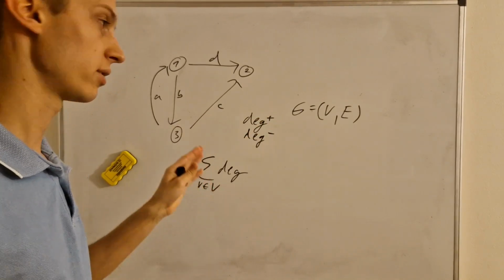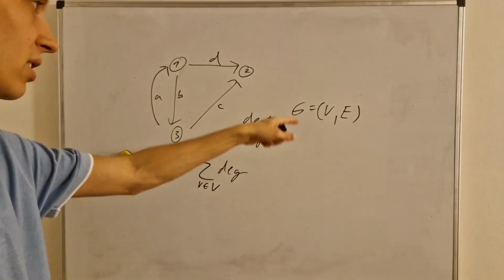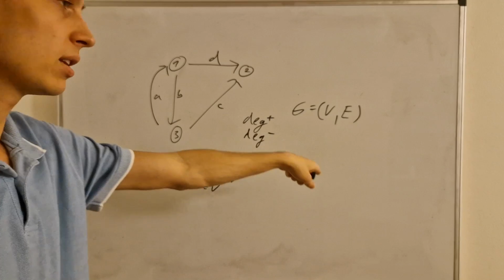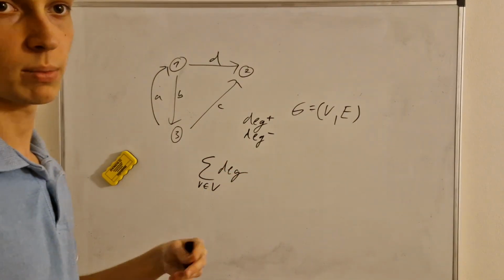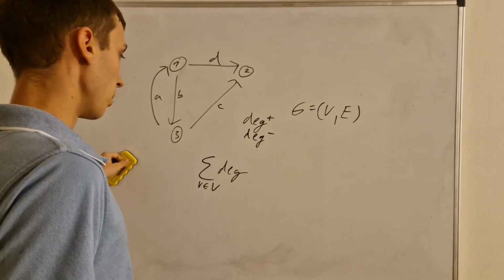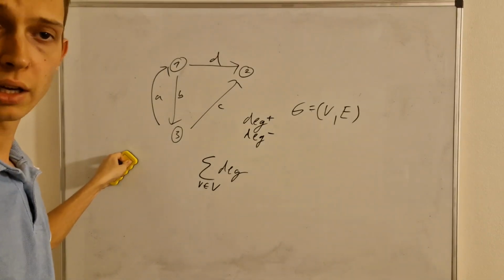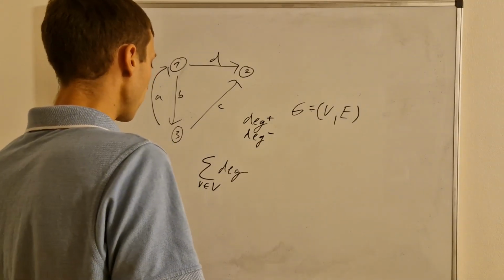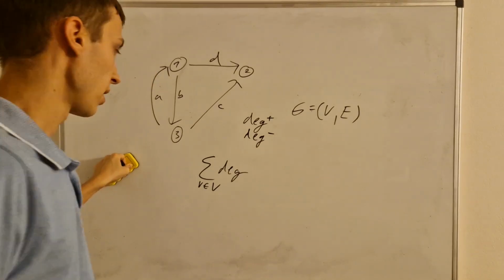So we will not have just one degree sum that equals 2 times the magnitude of the edge set, the number of edges in that graph, but it will again be equal to 2 times the magnitude of E. So it's the same on the right side. And then on the left side, it will be in terms of the minus and plus degrees.